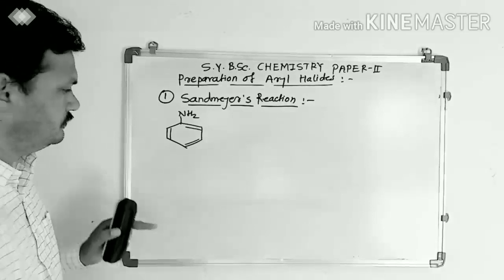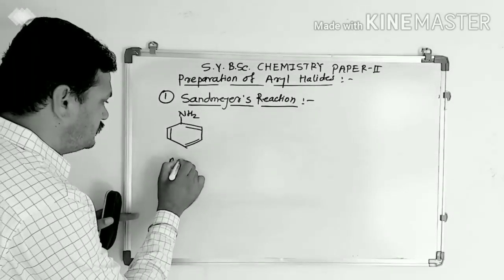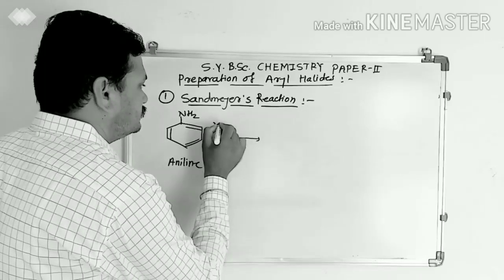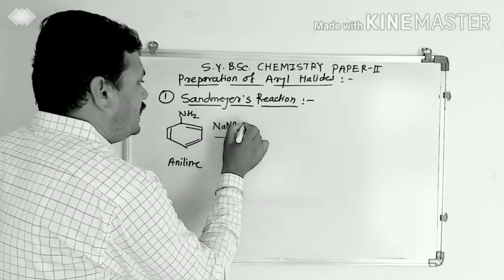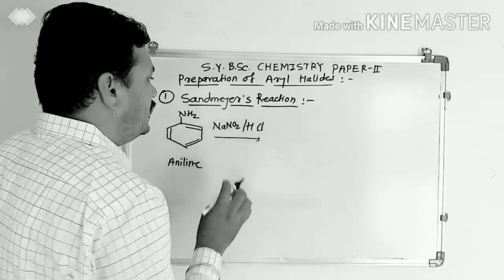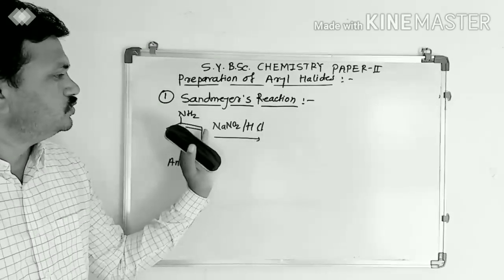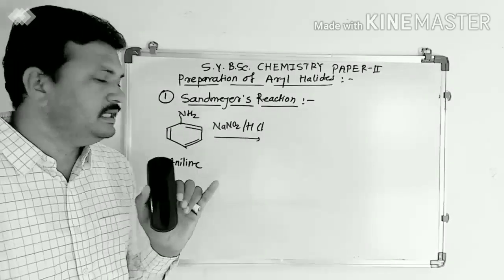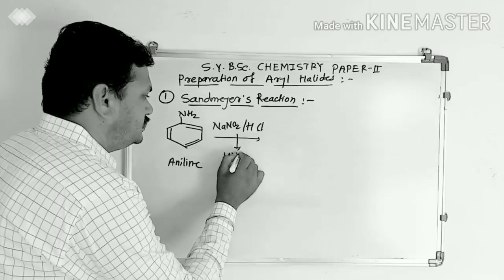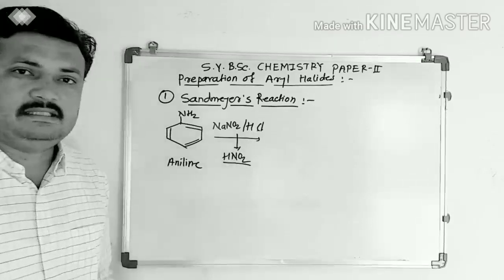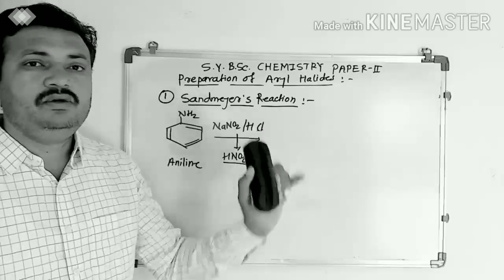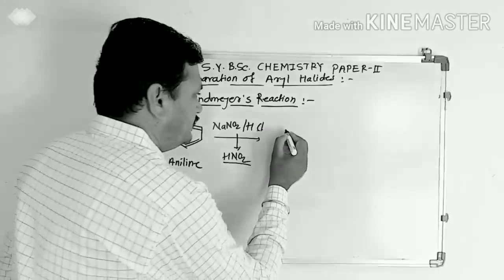When aniline is treated with NaNO2, HCl, sodium nitrite plus HCl, and it forms HNO2, nitrous acid. This nitrous acid converts this aniline into a diazonium salt like this.